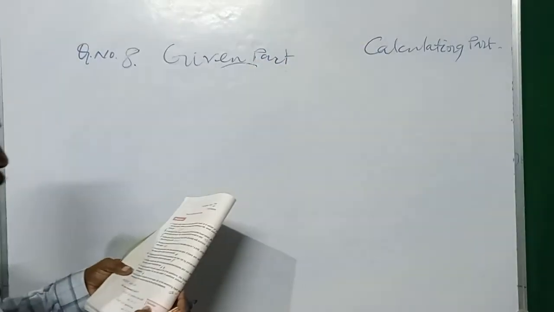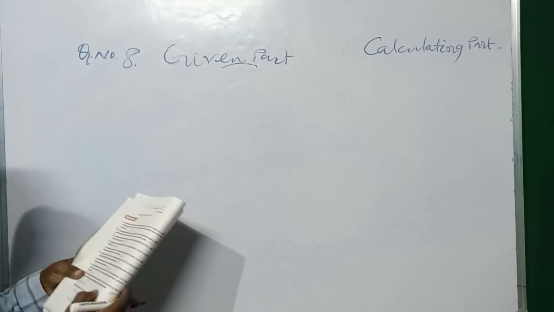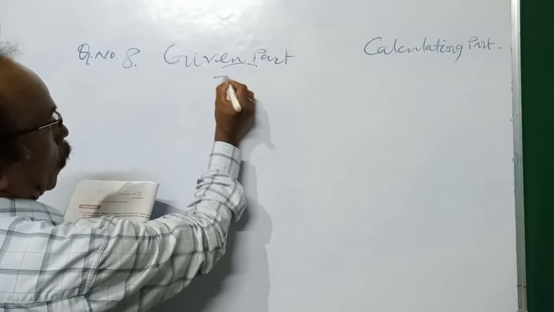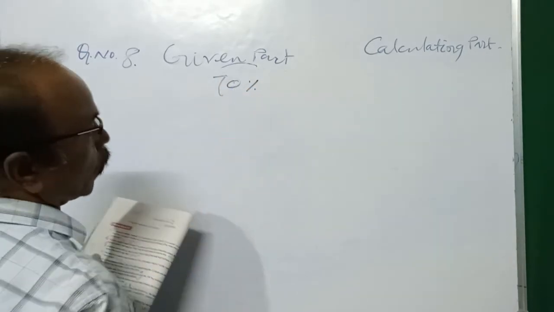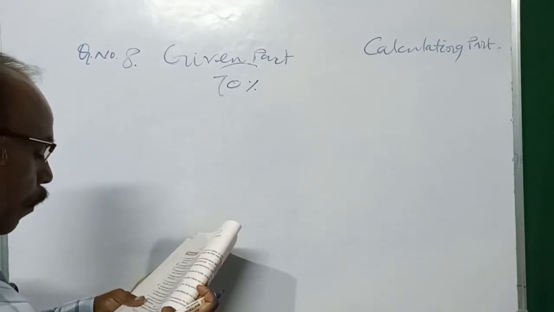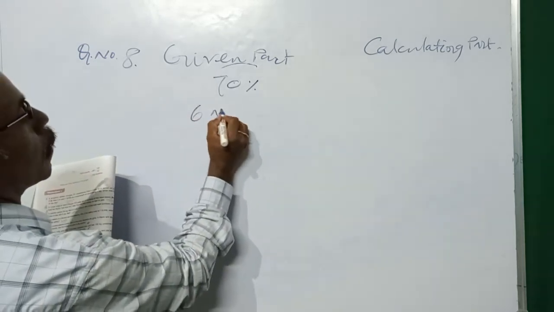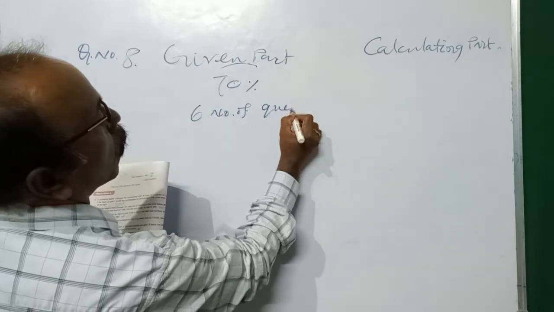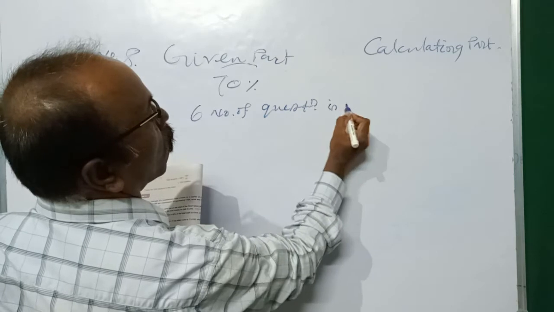My dear student, you see, Robbie gave answers of 70%. He also gave 70% answers. Am I clear? And he failed to give the answers of 6 questions. 6 number of questions failed.